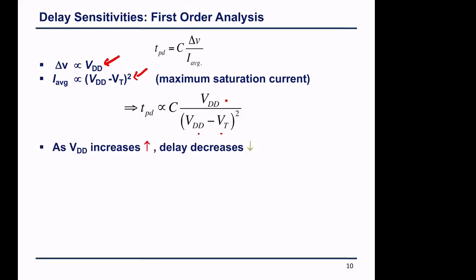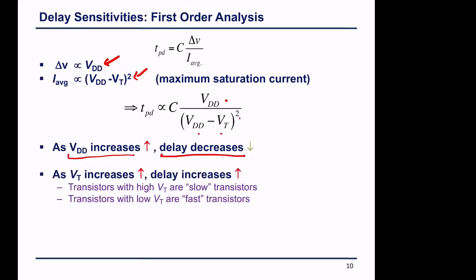So if VDD increases, the delay is going to decrease, because this is degree 1 and this is degree 2. As VT increases, the delay is going to increase. Why? Because if VT gets bigger, this quantity gets smaller, and therefore the delay is going to shoot up.